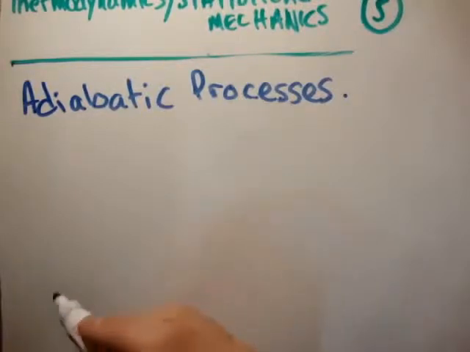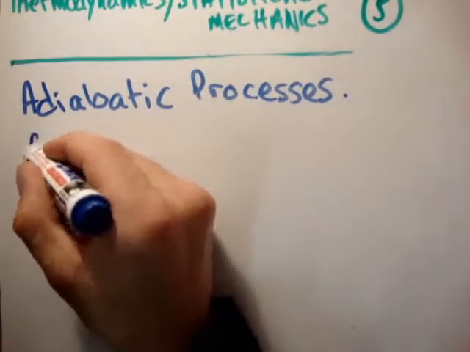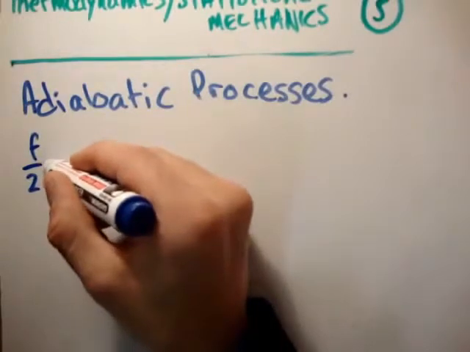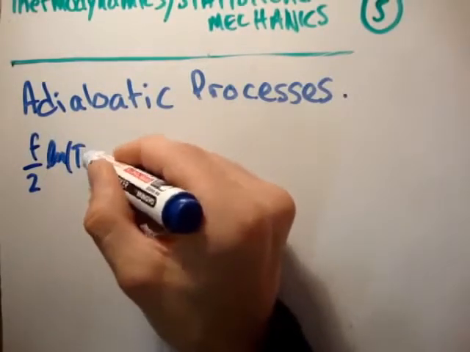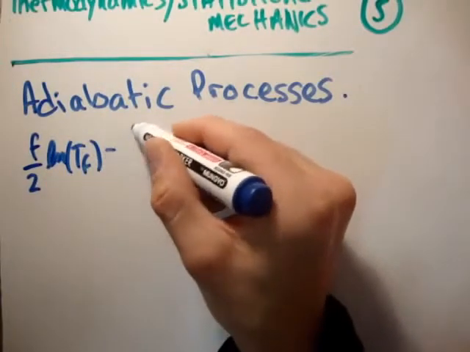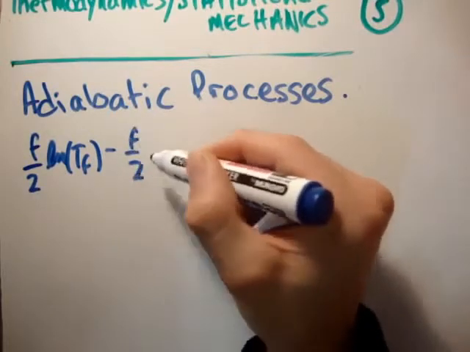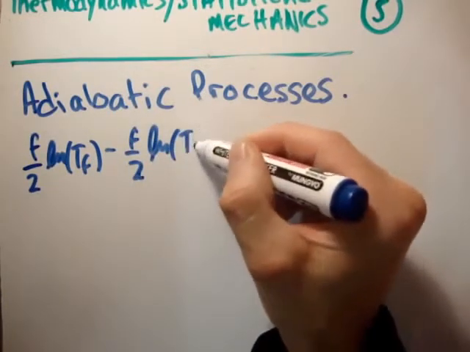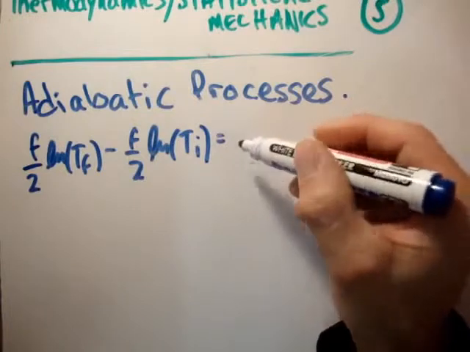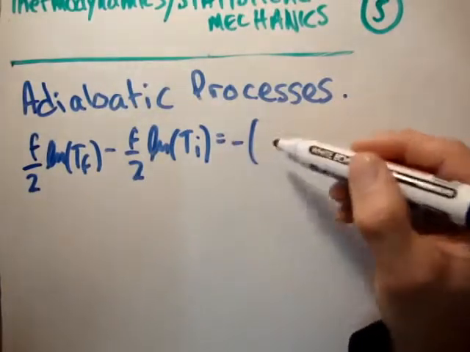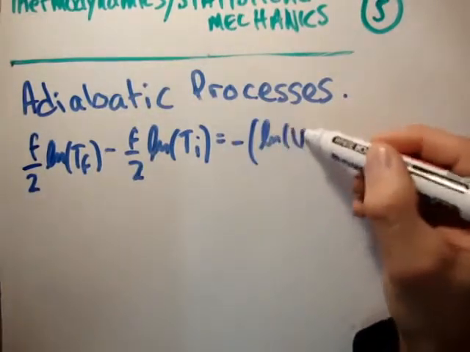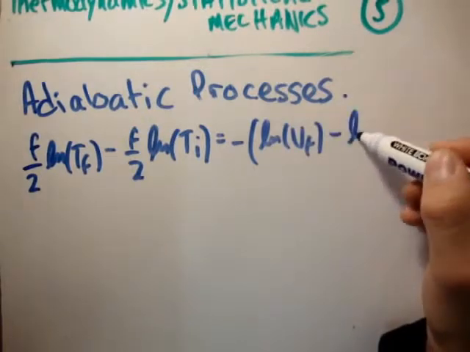Basically what we're going to get here is f over 2 log tf minus f over 2 log ti is equal to minus log vf minus log vi.